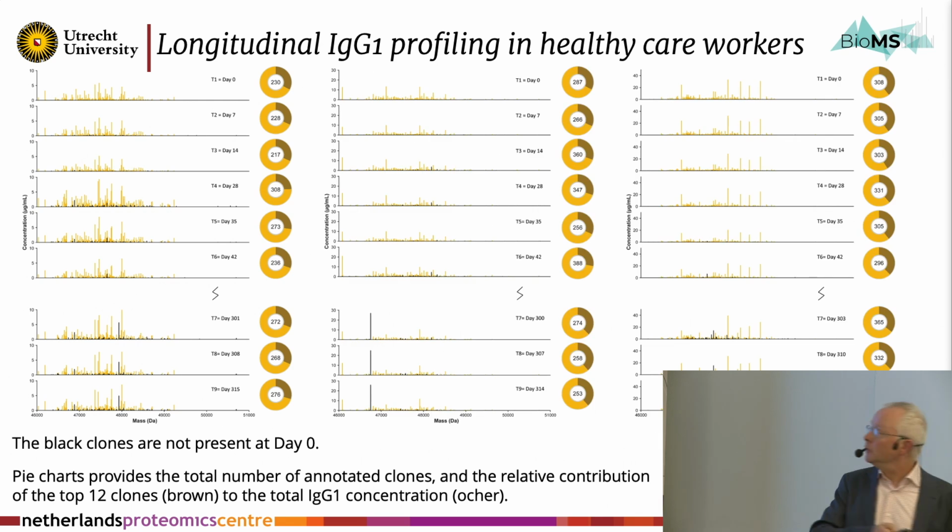Now again, this is one donor. We have this now for 11 donors. Some show a little bit more striking, like this donor, I think it's donor 13, shows a very abundant antibody that we didn't detect in the first months, but is sort of dominating at the end. You also see, indeed, there are some new antibodies coming up, but it's also really remarkable that the most abundant antibodies in your blood remain very stable for a very long time.